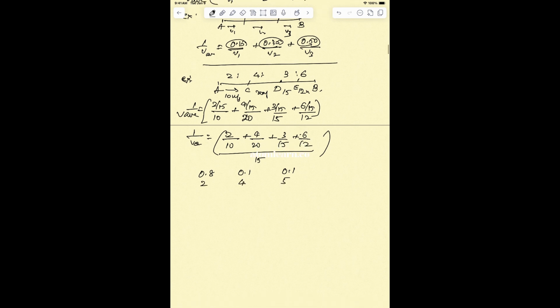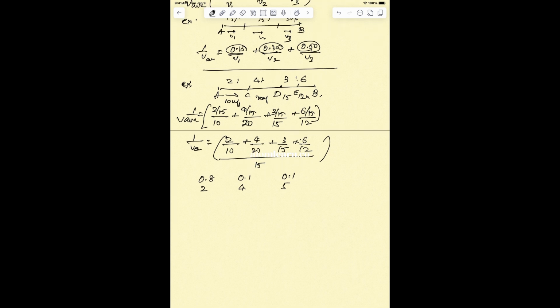What is the concentration of the solution made of these 3? You take the mole fraction into its concentration, plus mole fraction into its concentration, plus mole fraction into its concentration. When you are talking about fractions, they will always add up to 1, so you don't have to bother about dividing. Whereas in the kind of ratio, they don't add up to 1, therefore you divide by the sum.